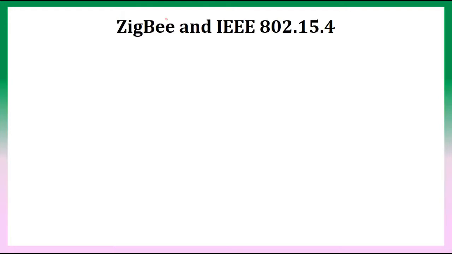ZigBee is developed by the ZigBee Alliance, which has hundreds of member companies like Ember, Freescale, Chipcon, Invensys, Mitsubishi, Compaq, even ME Semiconductor and NXP Semiconductors. Semiconductor and software developers are associated with it, through to original equipment manufacturers.